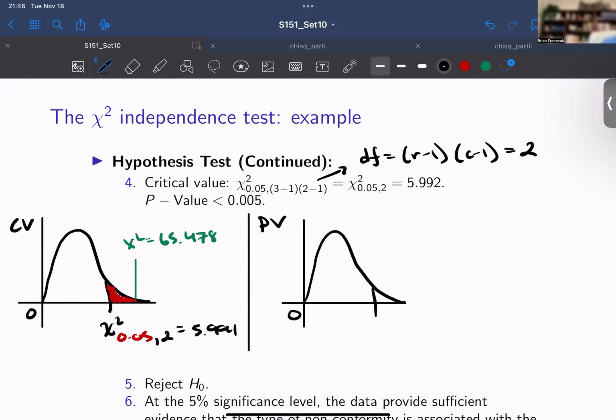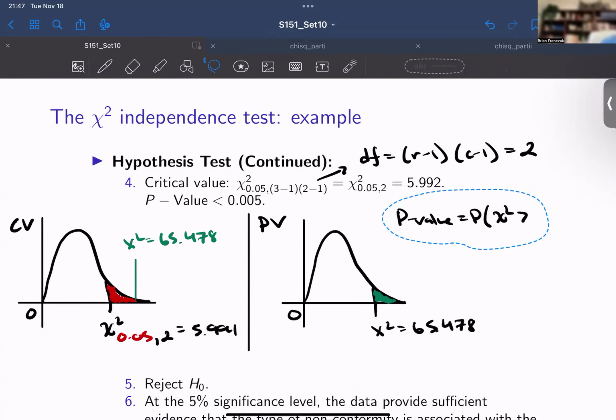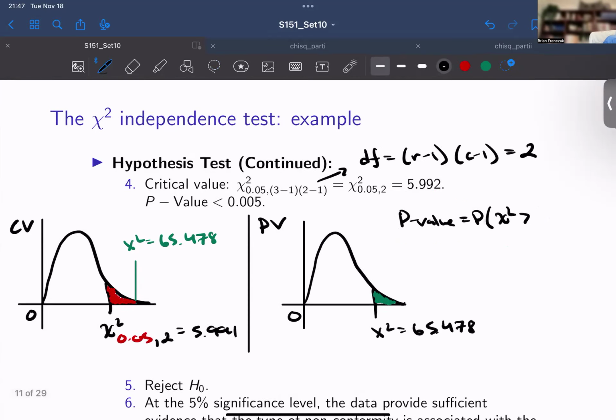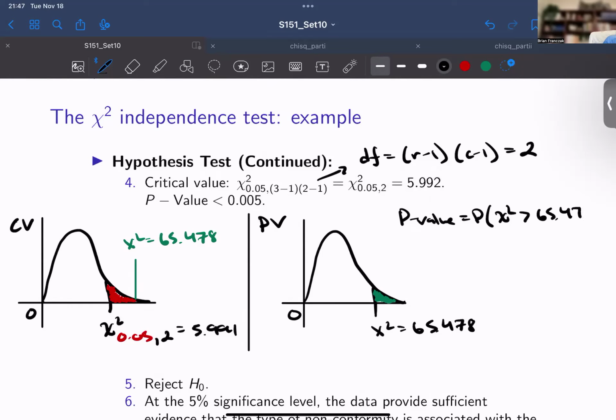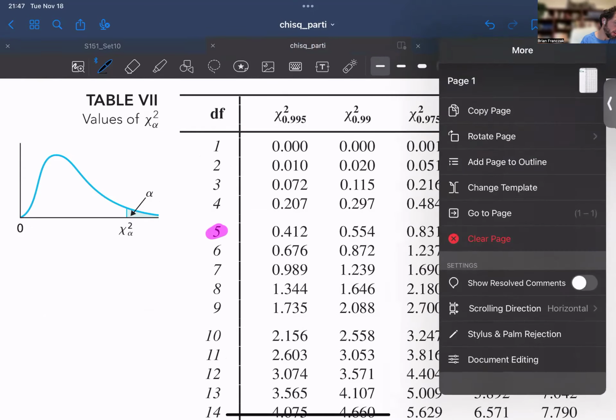All right. And then here, if we take the p-value approach, right? So we're going to mark down our test statistic, which is 65.478. The p-value is going to be the probability that the chi-square value exceeds this quantity. Okay. So now we're going to go back to our chi-square table. We're working on 2 degrees of freedom here, right?